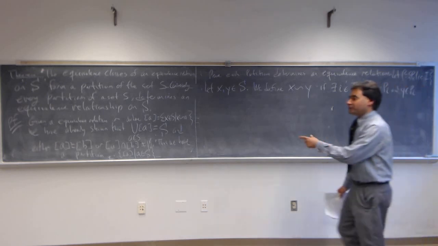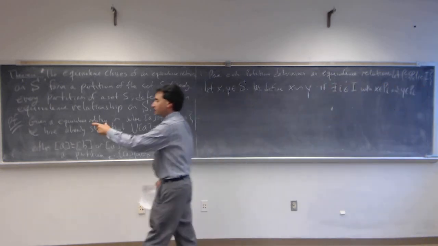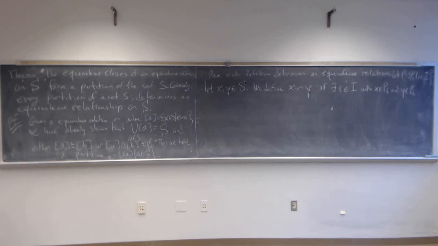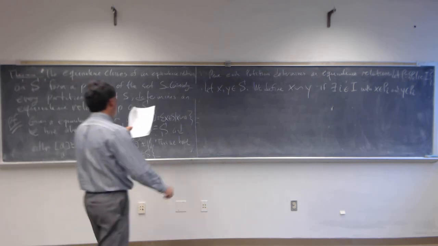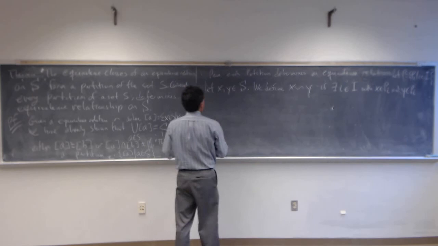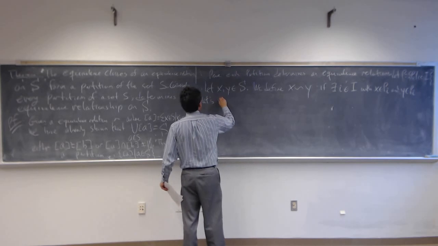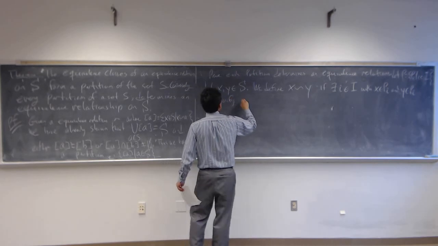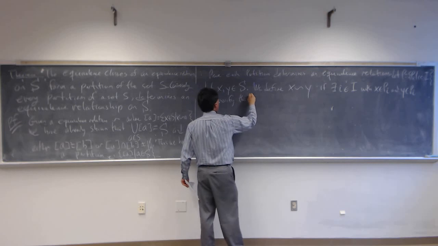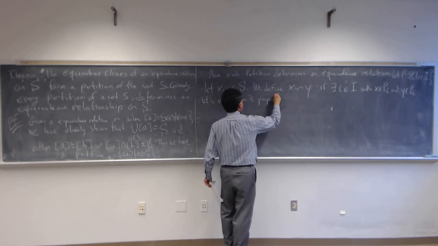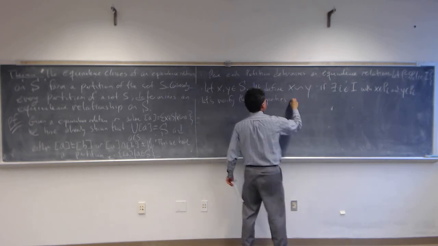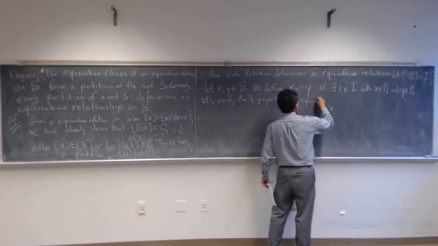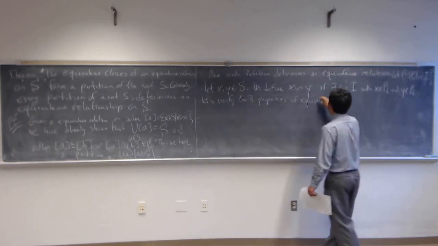A partition breaks up the set into these different block subsets, and we'll say two elements are equivalent if they are in the same block of the partition. So that's certainly a relation. Is this an equivalence relation? We want to verify the three properties: reflexivity, symmetry, and transitivity.